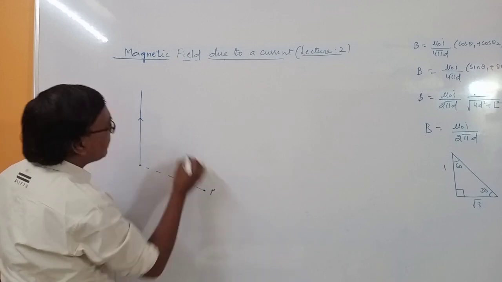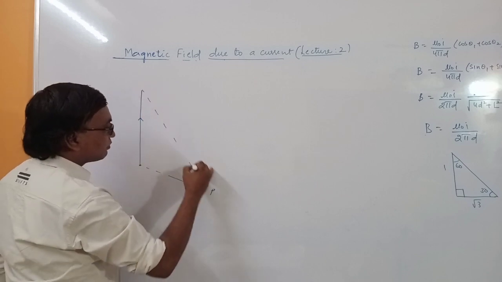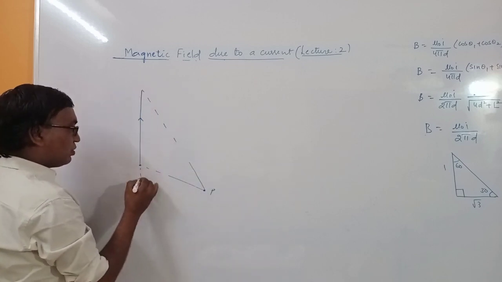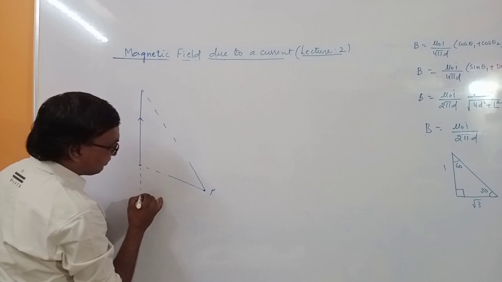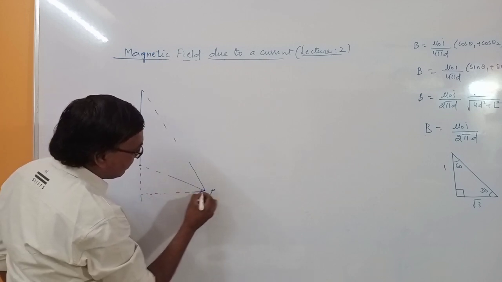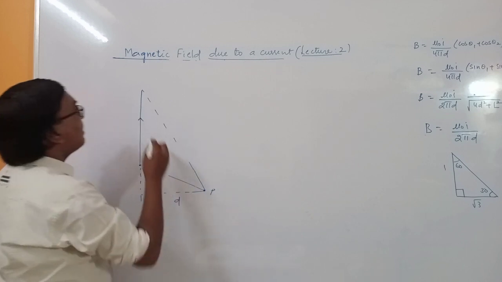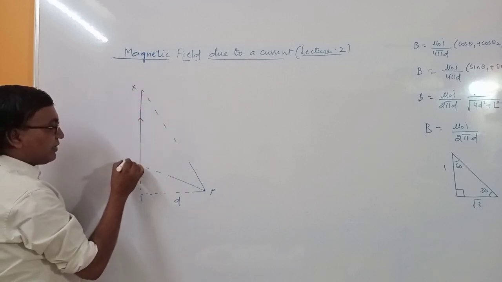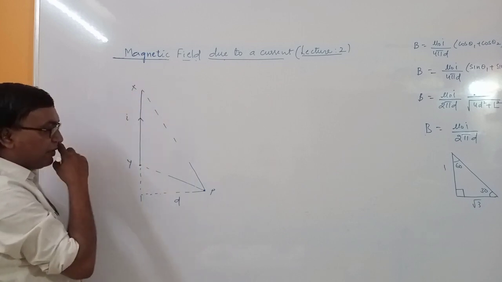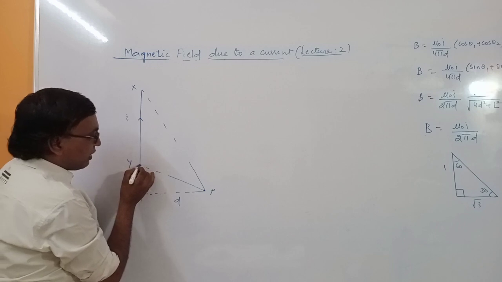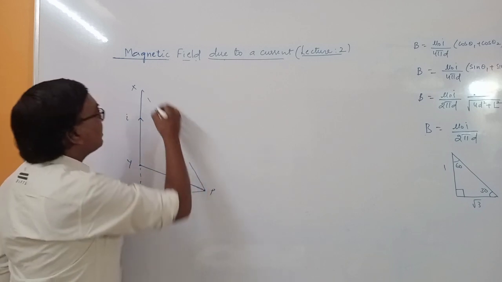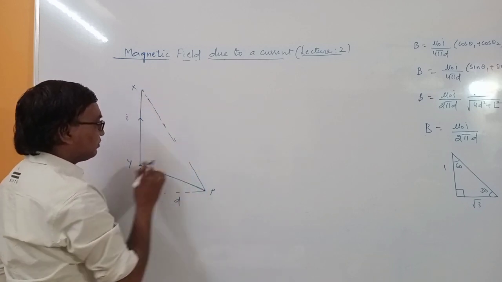So point P is here, and the distance is D from here. This is the wire XY, and the current in it is I. And this is one end, this is another end.